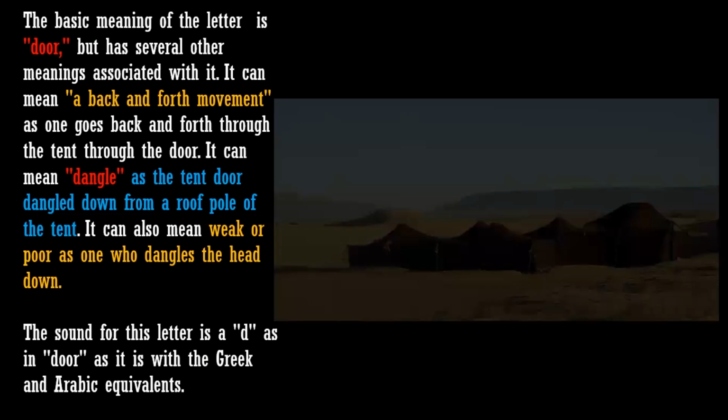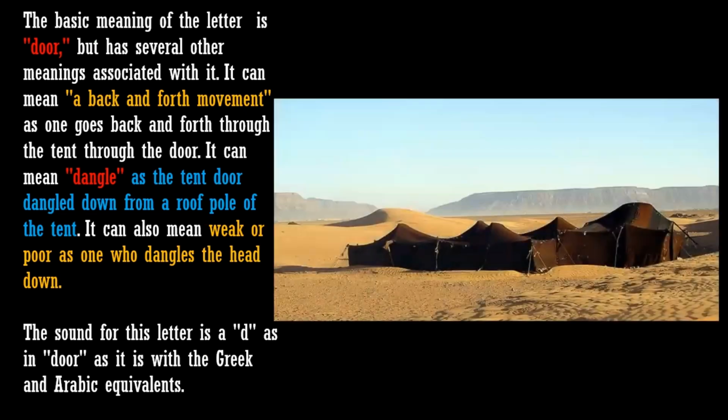We look at another representation with this form of tent. So here we have the tent pole, the upper tent pole, or the roof pole, and the door that dangles from it. So we can see how this also would be another representation of the Dal.